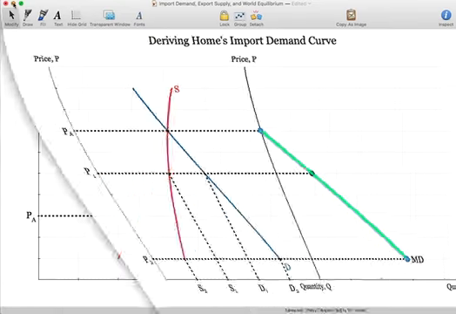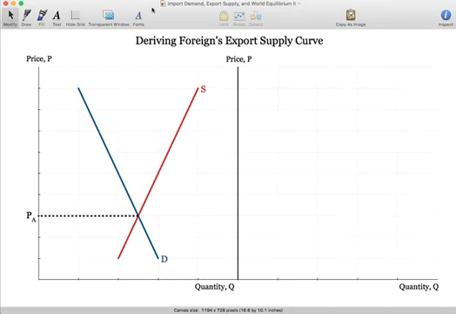We can do the same thing for export supply. Here we're going to be looking at a foreign country. So here are the supply and demand curves domestically for this foreign country, and let's assume that the world price is equivalent to the equilibrium price in this economy.